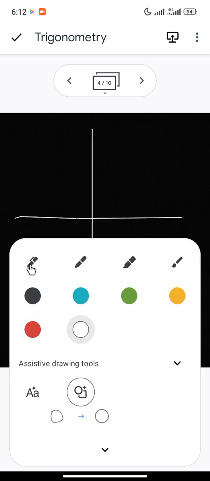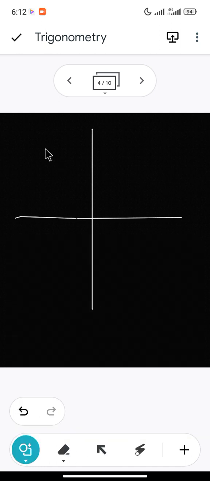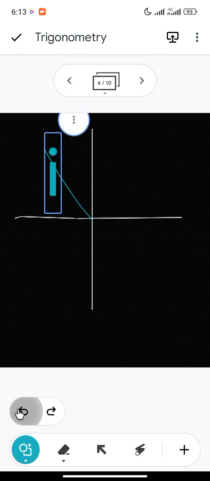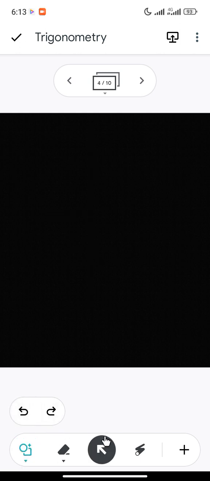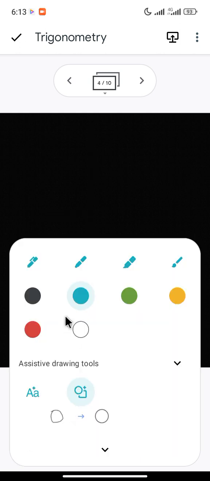Then you're going to draw your triangle starting from this point down to this point. And into this point. So let's draw it again.